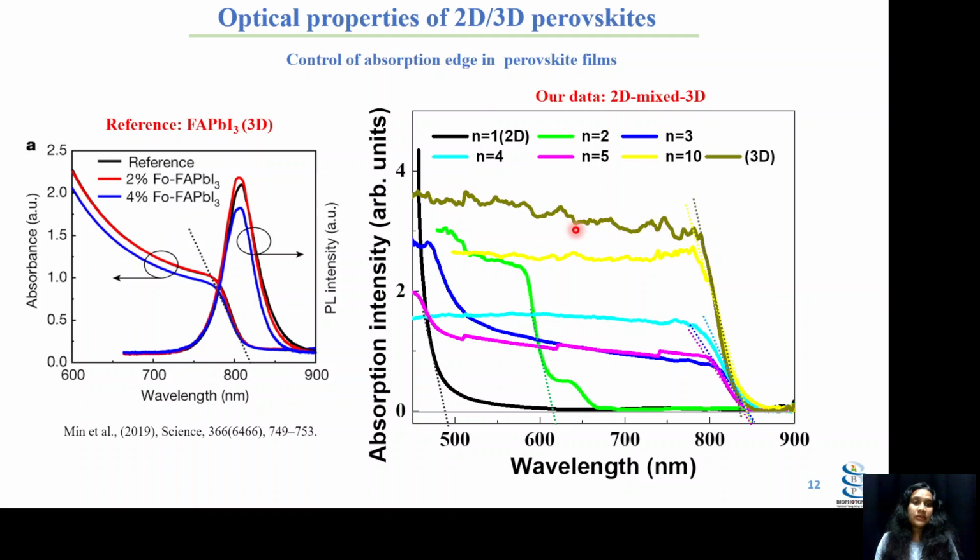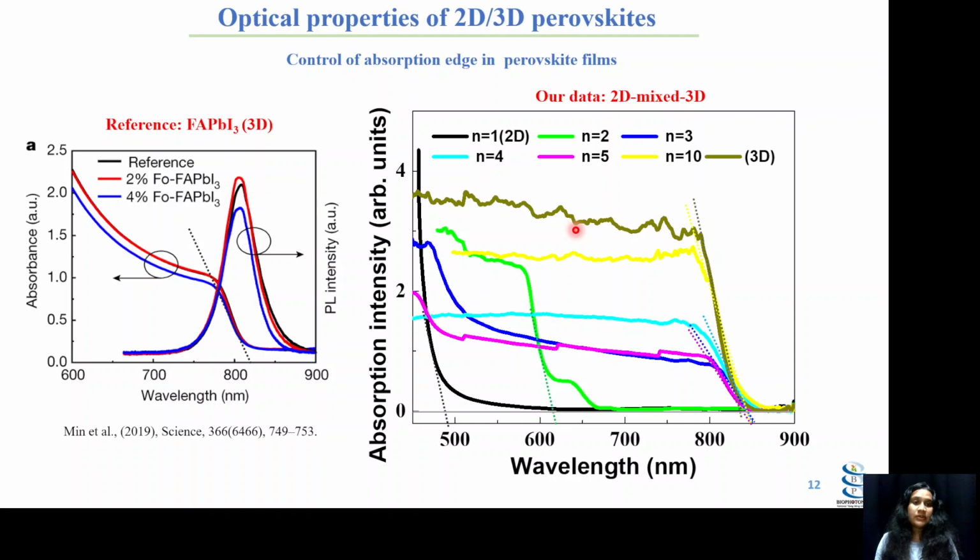The same also goes for the photoluminescence of the perovskite films. We see that the PL peak in the pure 3D case in the reference is shown to be beyond 800, and in my case of perovskite samples ranging from pure 2D to pure 3D with intermediates in between, we obtain a tunable range of about 300 nanometers.